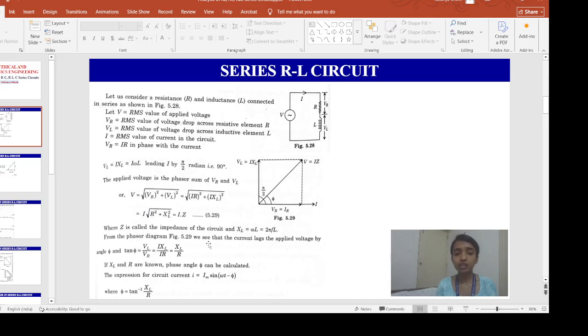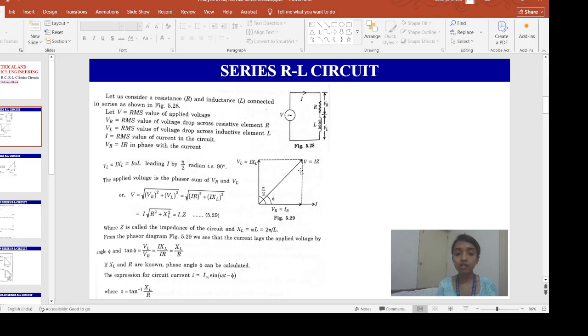Now from this phasor diagram, we see that the current lags the resultant applied voltage by an angle of phi. So tan phi will be VL divided by VR. If this is VL, this will also be VL, right?